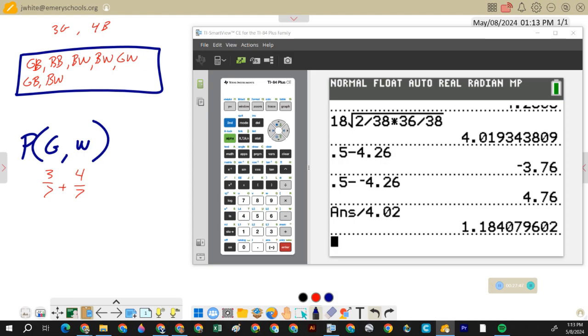Is the answer 7 out of 7? No, obviously not. That would be a guarantee. So what is the actual probability of drawing a girl or a wrestler? Well, look up there. How many would that include? It would be this one, this one, this one, this one, this one, or this one, which is 6 out of 7. Why is this number wrong?